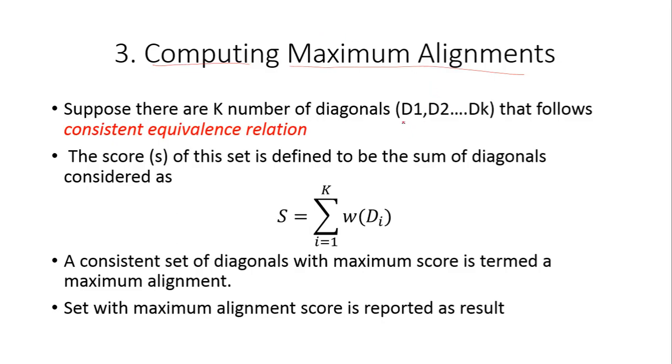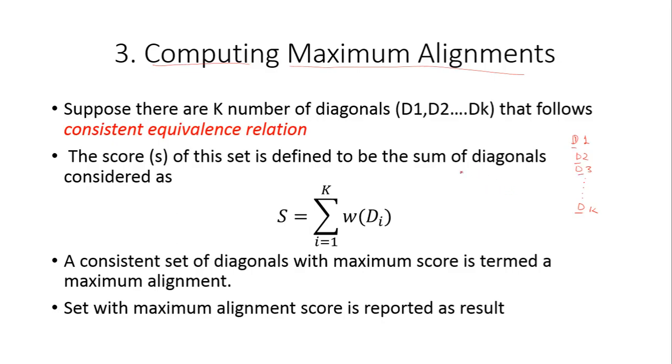Now, for example, there are multiple diagonals that you would be considering: diagonal 1, diagonal 2, diagonal 3, and up to diagonal k. All of these diagonals follow the consistent equivalence relationship.